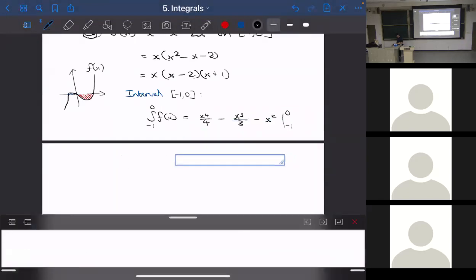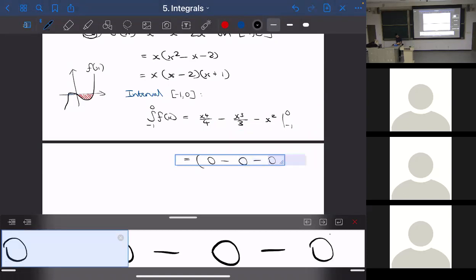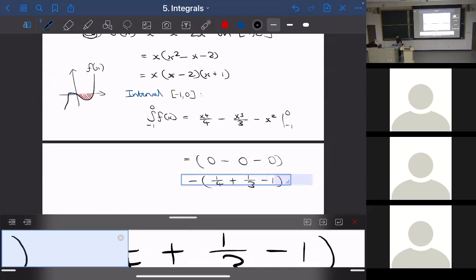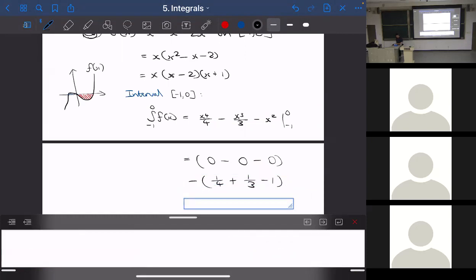So evaluating, we get, well, for the top limit, lots of zeros. And then for the bottom limit, 1 over 4 minus minus 1 over 3, so that becomes a plus, and minus 1. And so what does that give us? 1 minus a quarter minus a third.